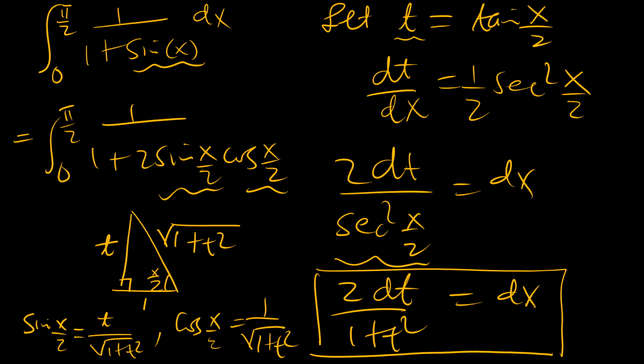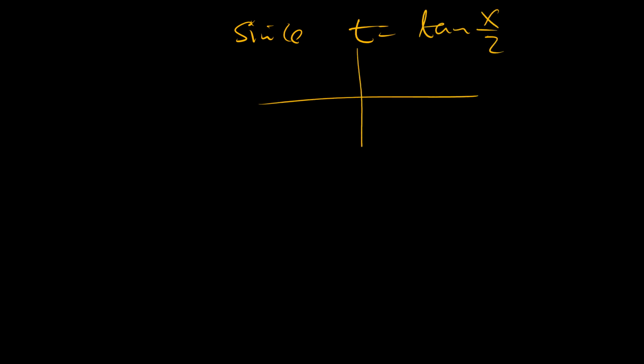The next thing is we need to be able to transform the limits from the x domain to the t domain. So since we said t is equal to tangent of x over 2, when x is 0, tangent of 0 is going to be 0.